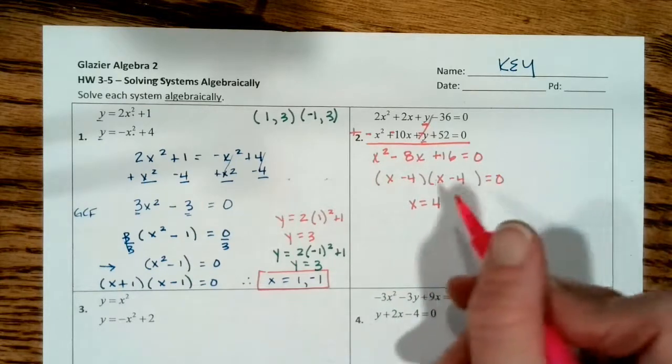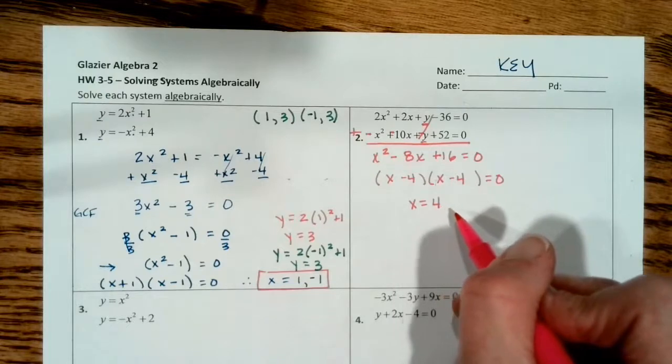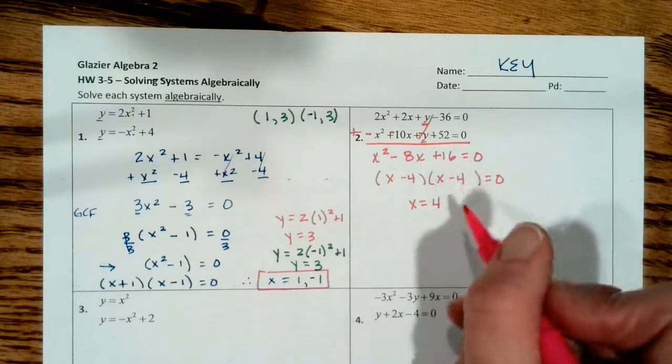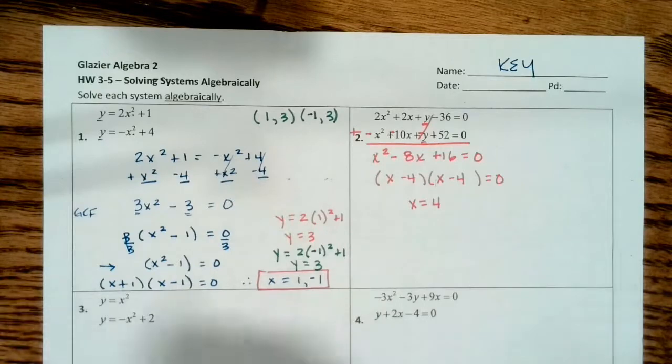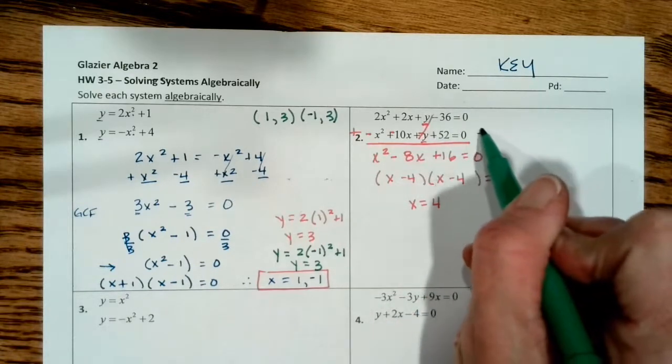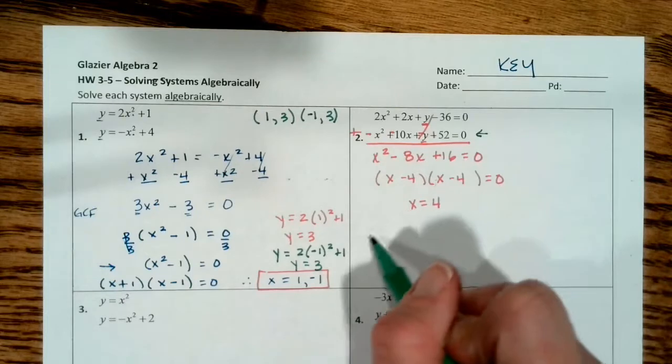Here's the tricky part. I have to substitute this back into an equation and solve for y. I'm going to choose my original equation before I multiplied everything by negative 1.